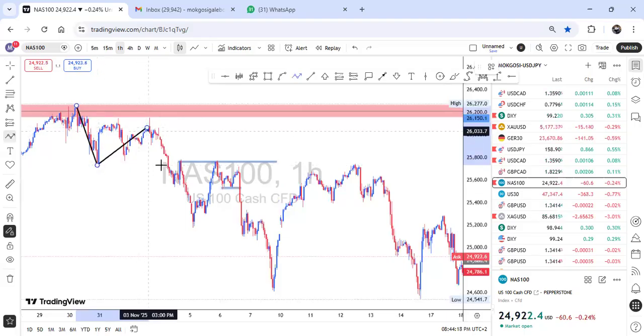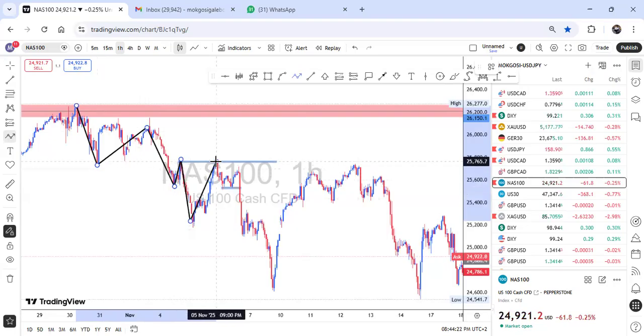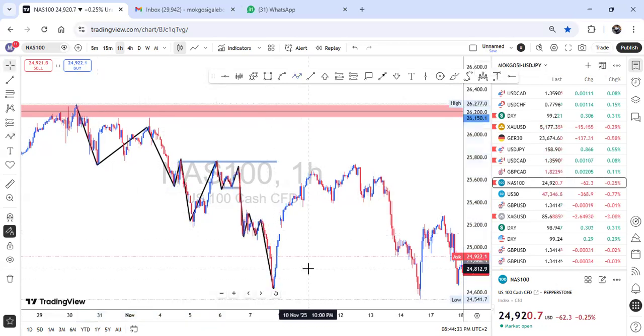The impulsive, they corrected, the impulsive, they corrected, the impulsive, they deeply corrected, and they play with our mind as if we are going to buy. At the end of the day, they push the price to the downside and correct and impulse to the downside. You get my point?